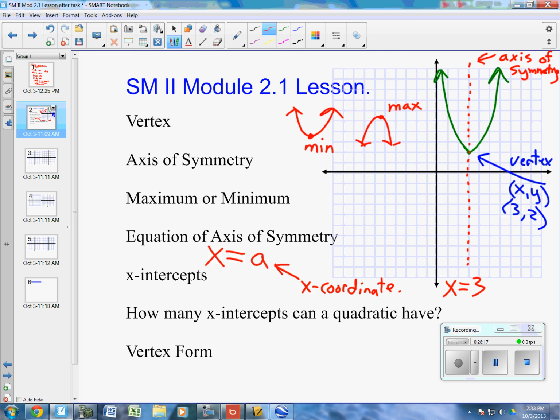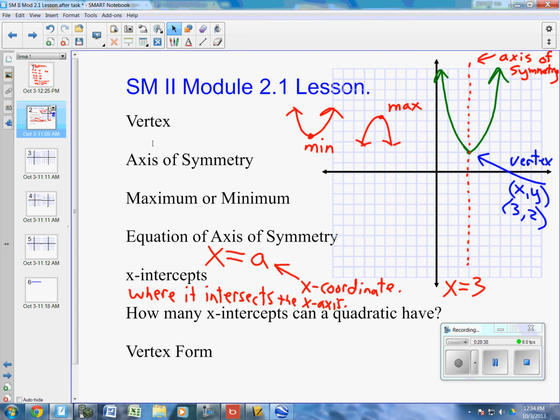What do you think x-intercepts are? Okay. Where it intersects the x-axis. You'll notice that the one up here does not have any x-intercepts.